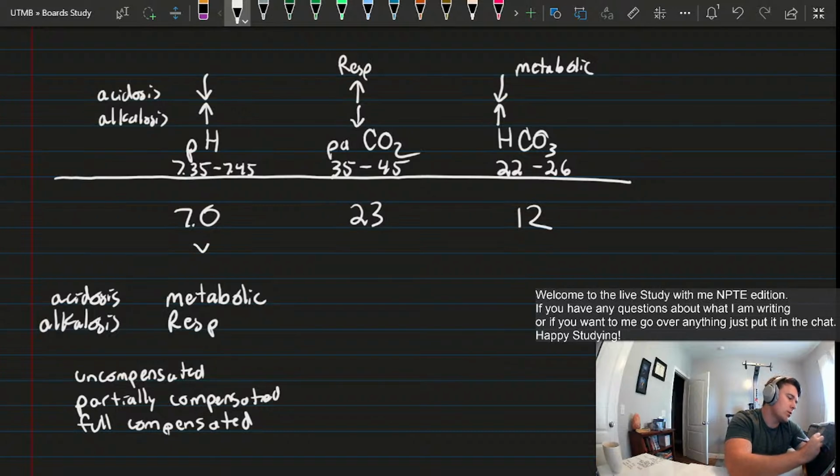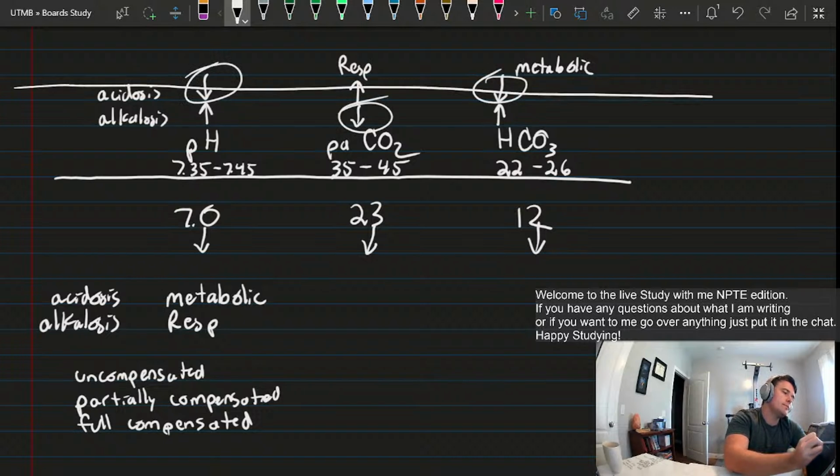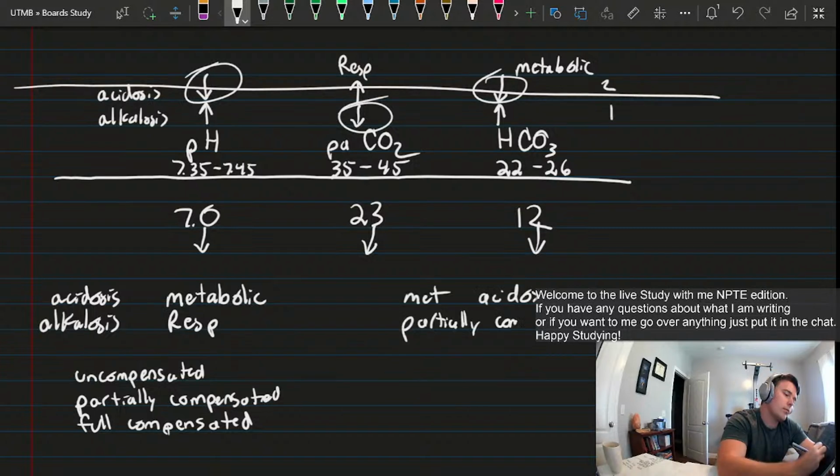So 7.0 is low, 23 is low, and 12 is low. So you draw your line. So this is going to be, okay, that's D for me, and it should be good.